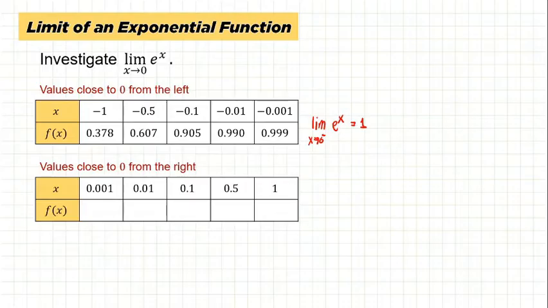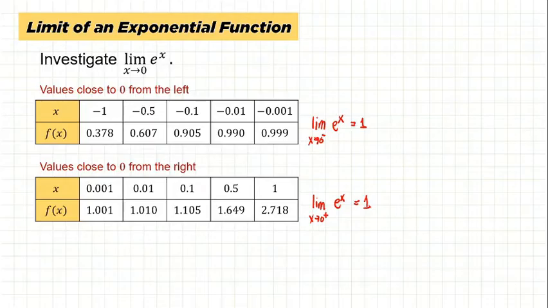Evaluating the function at these values of x, we have 2.718, 1.649, 1.105, 1.010, and 1.001. As x approaches 0 from the right, the values of the function approach 1. So we can say that the limit of e to the x as x approaches 0 from the right is equal to 1.